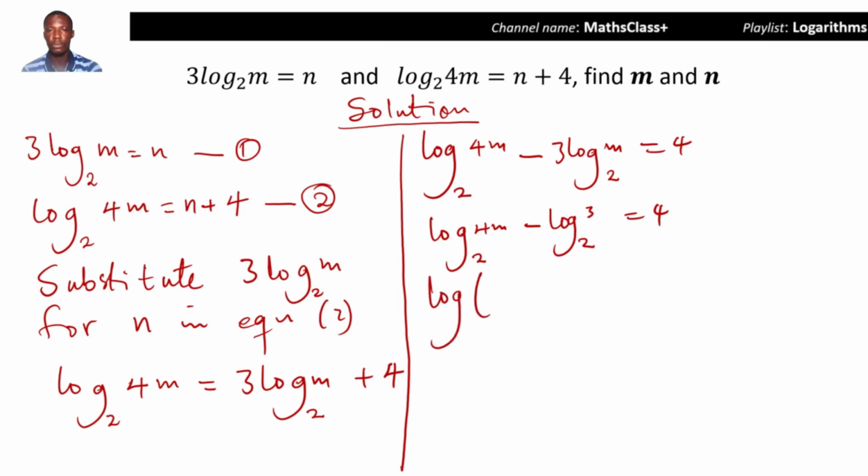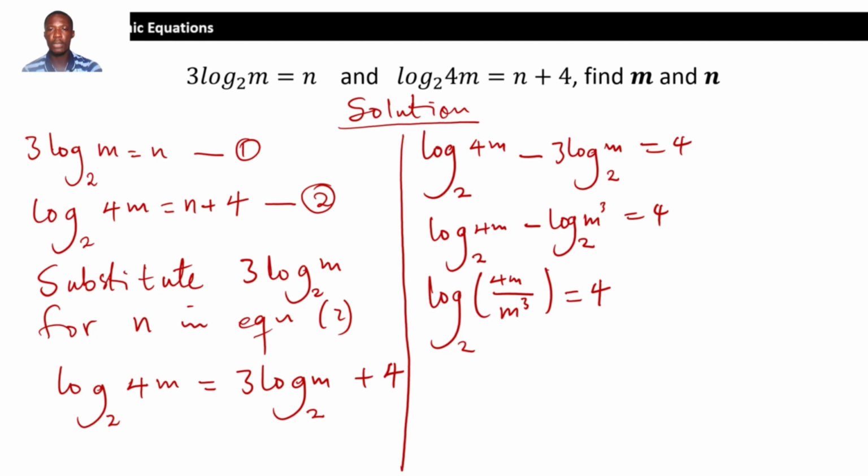log 4m over, oh, this one I didn't write well, it should be m to the power 3, over m to the power 3 base 2 is equal to 4. So this one becomes, if I convert to indices, 4m over m to the power 3 is equal to 2 to the power 4.